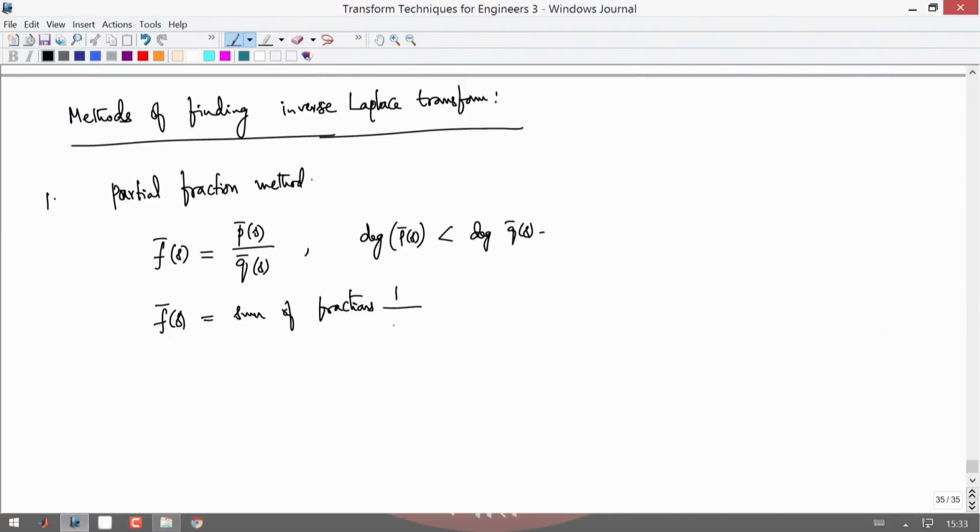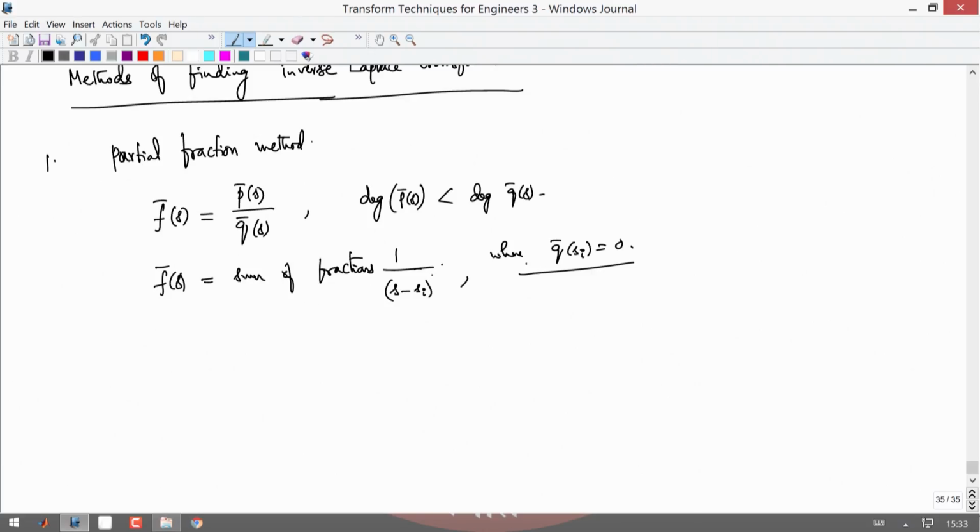Fractions are 1 over s minus s_i, where the s_i's are the known roots, that is, Q bar of s_i equals 0. It can even be a square, cube, or anything. So for some k belonging to the natural numbers, fractions like this, with Q bar of s_i equal to 0.